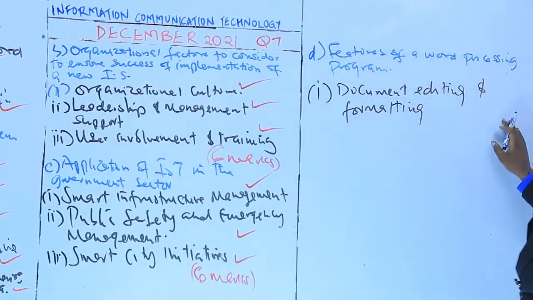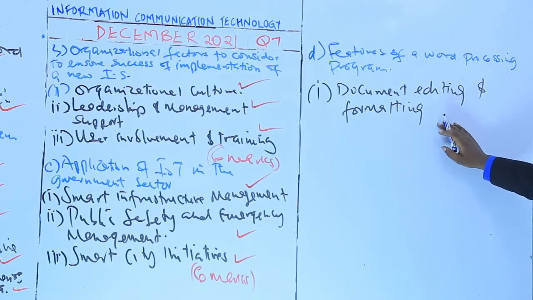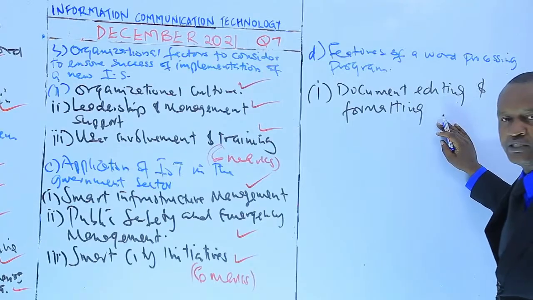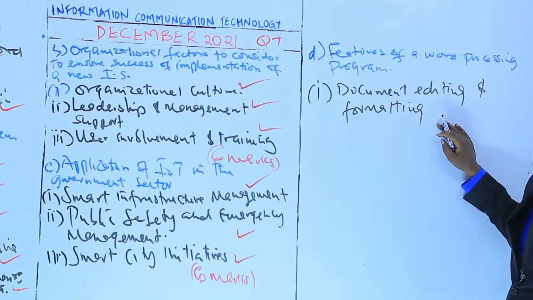A word processing program edits and formats documents. It allows users to create, edit and format documents, and users can enter and modify text. They can apply formatting such as font styles and sizes. They can change the colors. They can adjust paragraph alignment.